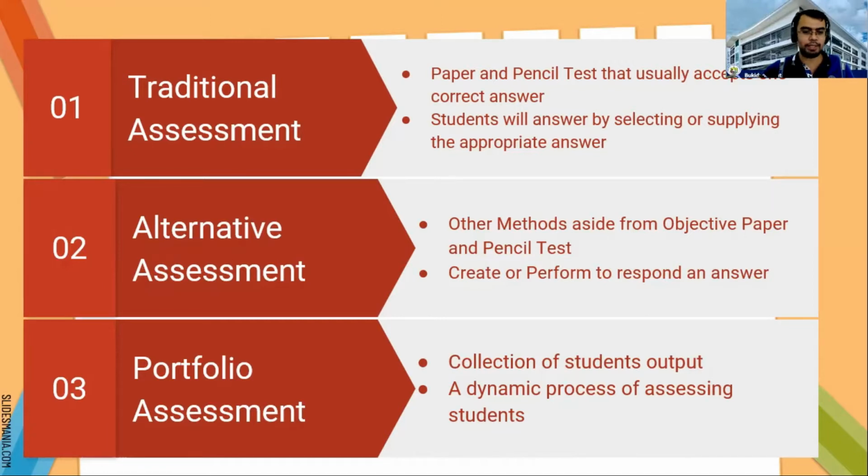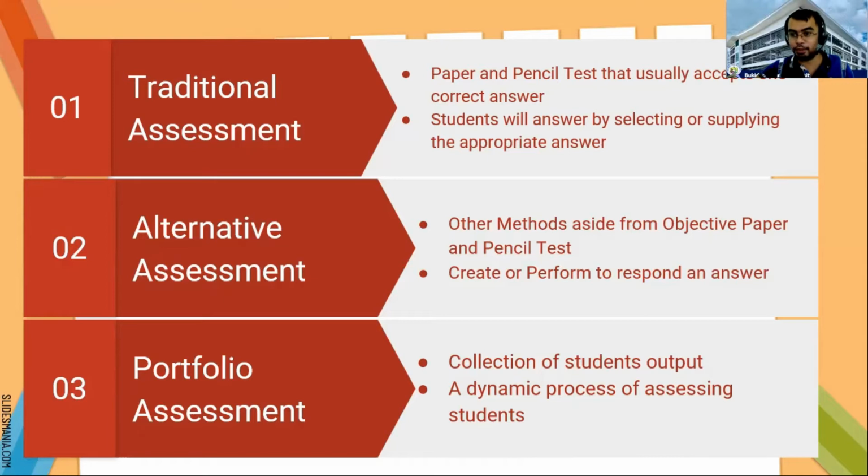The third mode of assessment is the portfolio assessment. Here is the collection of students' output. So this output may be coming from the results of traditional assessment or from alternative assessments. We are going to compile the outputs from traditional and alternative assessment. And when we compile it, we arrange it, we make it presentable, and we make an exhibit out of it.